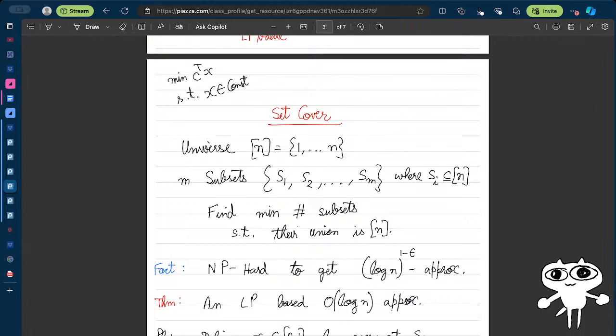Okay. Belongs to the universe. Find the minimum number of subsets such that their union is the universe.